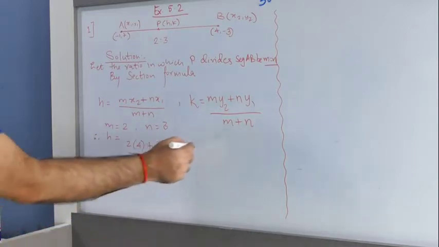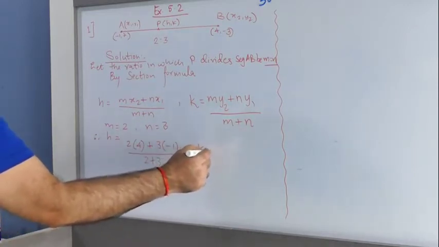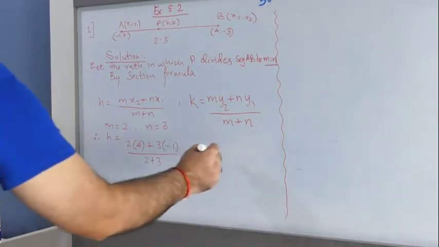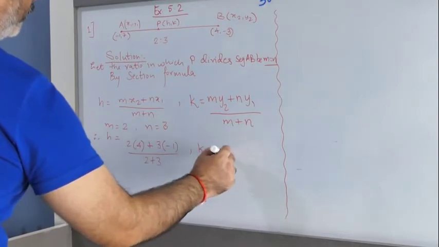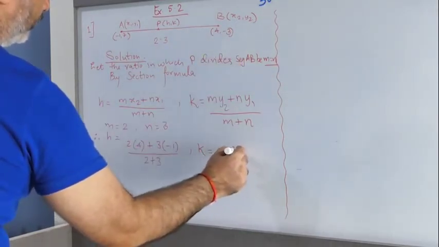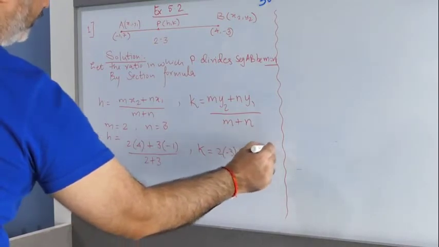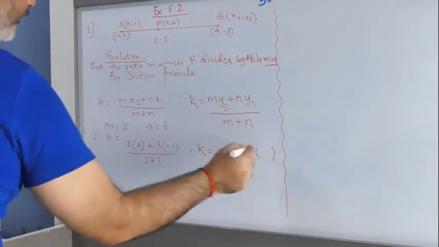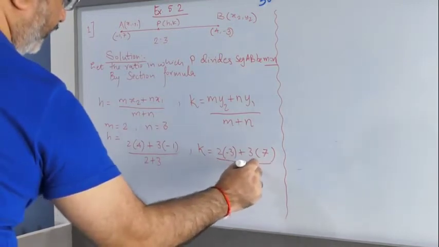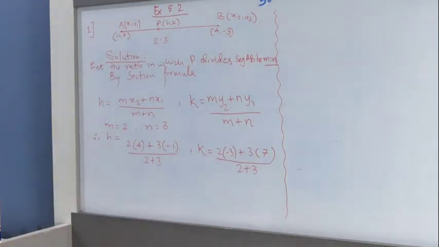And similarly, what is going to be the y coordinate? The y coordinate is going to be m into y2. So m is 2, y2 is minus 3, plus n is 3, and y1 is 7, divided by m plus n, which is 2 plus 3.